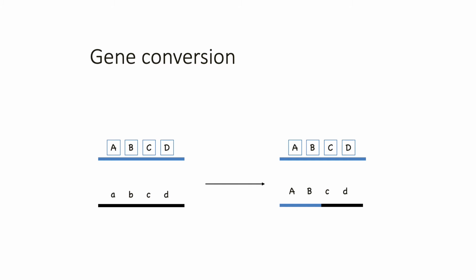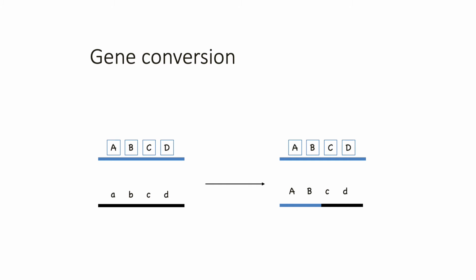In a gene conversion event, one of the chromosomes will not change, and this is shown by the blue chromosome, still A, B, C, D, it's all blue. But the other chromosome now has acquired information from the blue chromosome and exchanged that for the original information on the black chromosome. So now we've duplicated that region of the blue chromosome onto the black chromosome, and what was originally there would be lost.